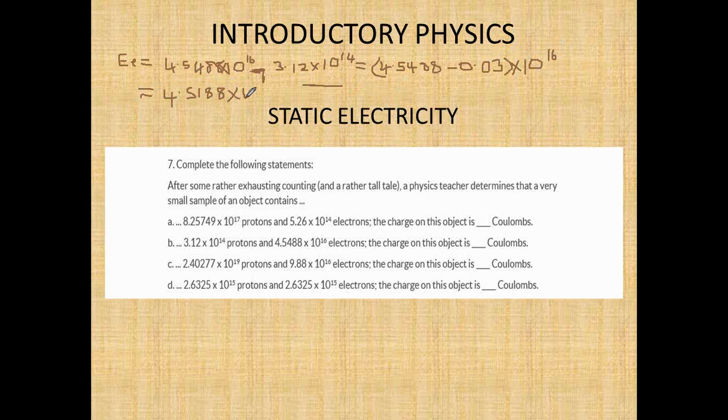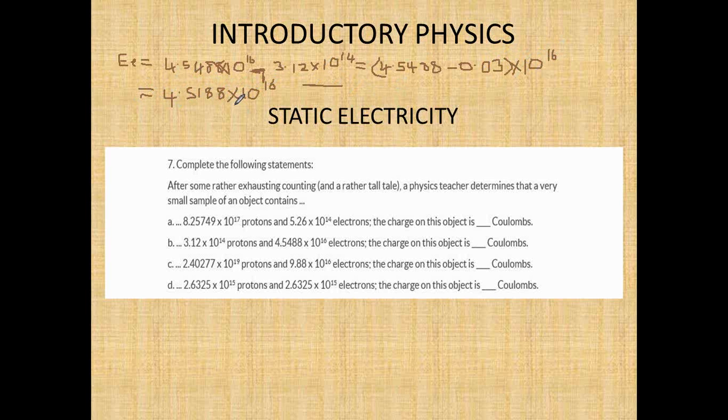So this is the excess amount of electrons that we have. So this is a negatively charged object, and you can put the minus sign there to denote negativity. This is the amount of excess electrons.